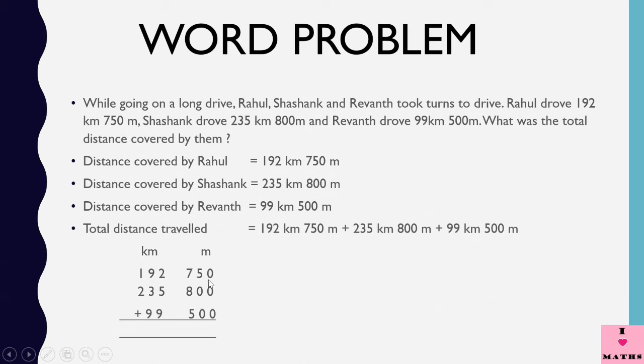Now 0 plus 0 plus 0 is 0, 0 plus 0 plus 5 is 5, 7 and 4 is 11, and 1 is 12, and 5 is 17... Here we write the sum and carry over. Then 2 and 2 is 4, 4 and 5 is 9, and 9 plus 9 is 18, 8, 1 carry over. 9 and 1 is 10, 10 and 9 is 19, 2 carry over, 2 and 2 is 4 and 1 is 5.